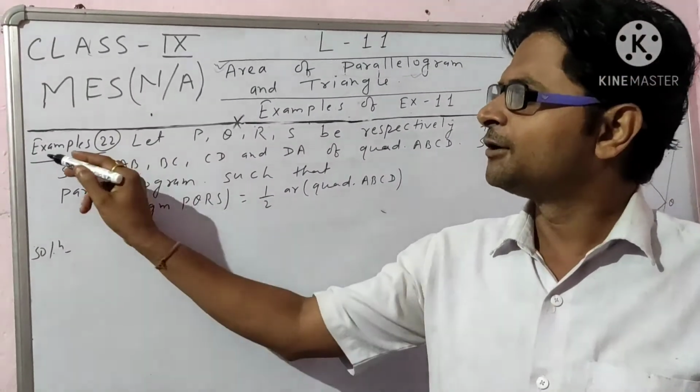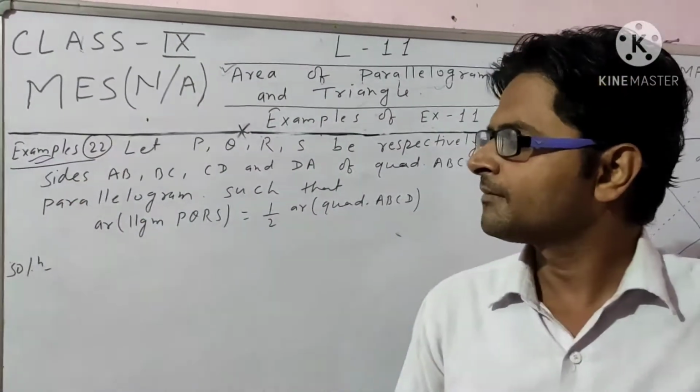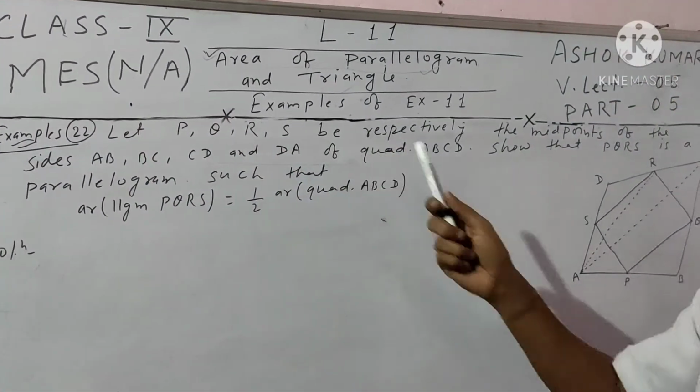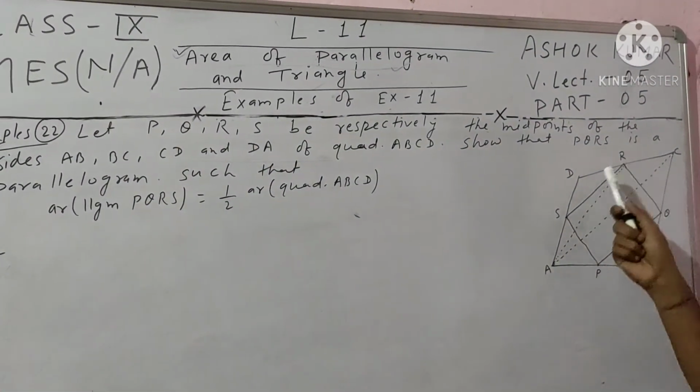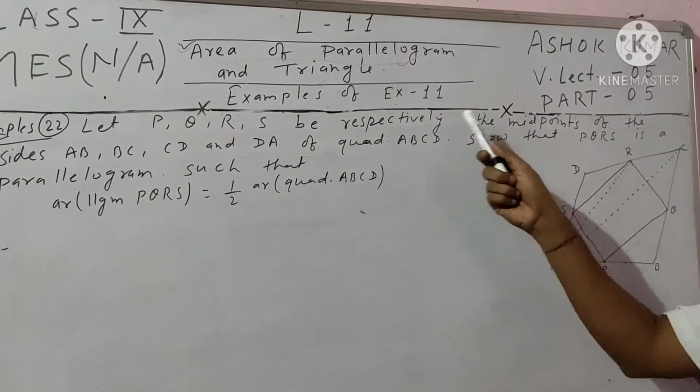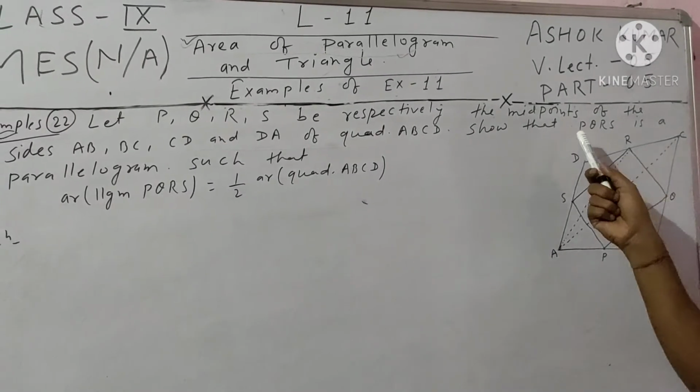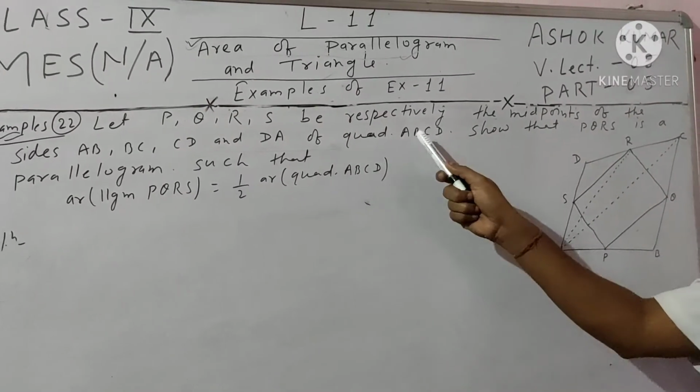Here, student, question number 22. Examples of question number 22. Let P, Q, R, S be the respective midpoints of the sides AB, BC, CD and DA of a quadrilateral ABCD.